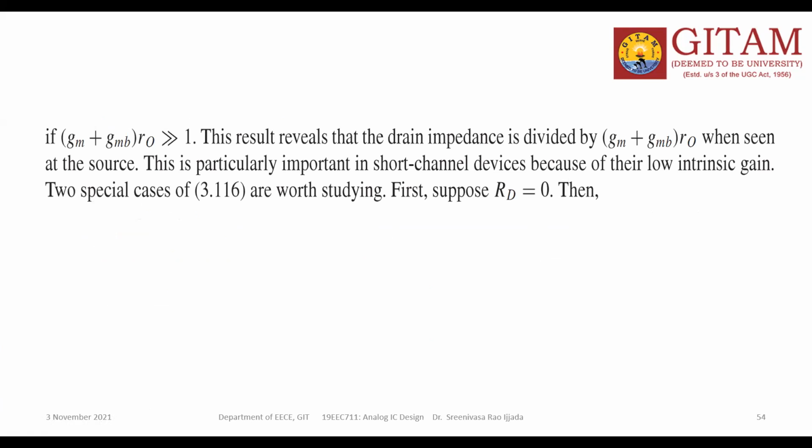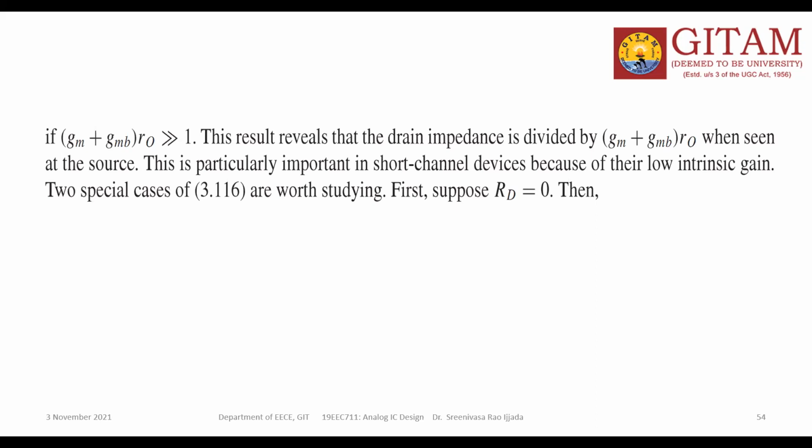From this, I split the equation into two parts: RD by something plus R naught by something. If you take the first term, what you understand is that your drain impedance is divided by this gain factor or transconductance factor, as seen at the source. This is particularly important in short channel devices because of their low intrinsic gain.